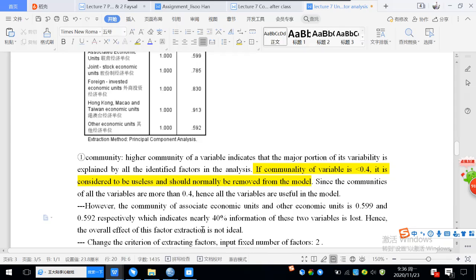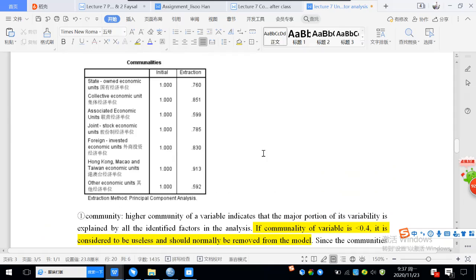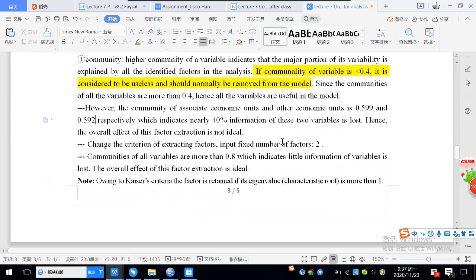Here nearly 40% of the information of these two variables is lost, right? So the overall effect of this factor extraction is not ideal. So let's look at how many factors we extracted.